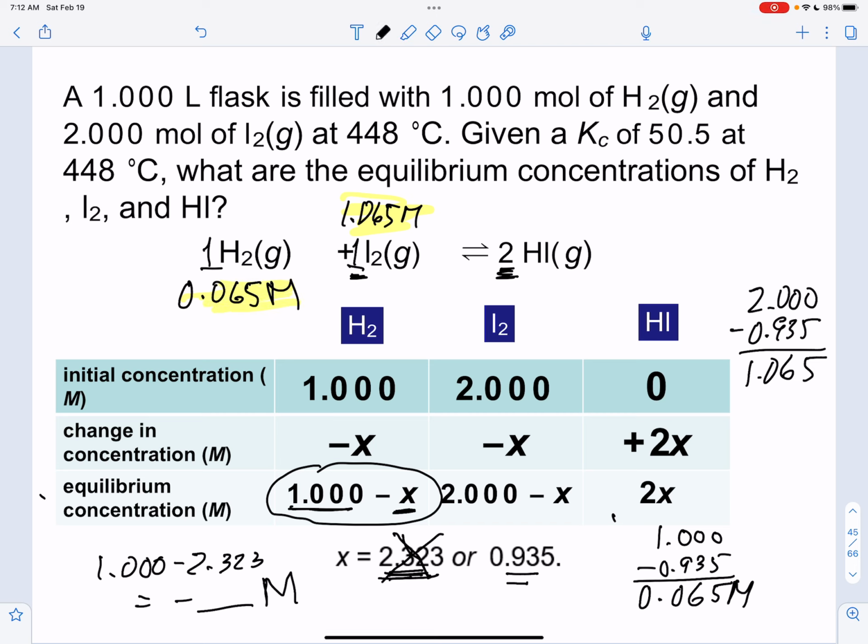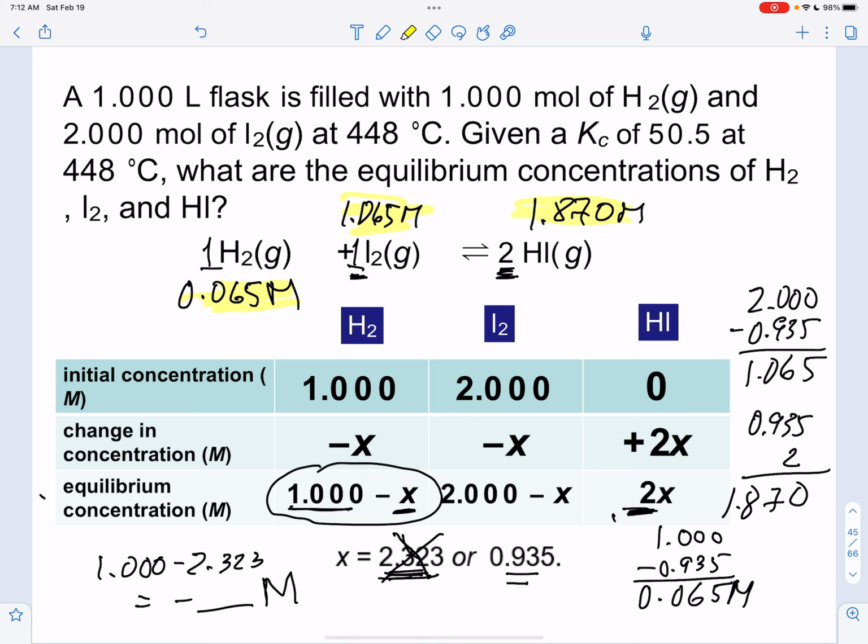And how much was created? 0.935 multiplied by 2 is 1.87 molar.